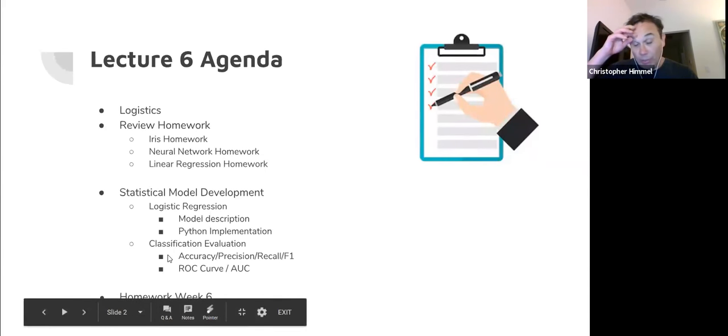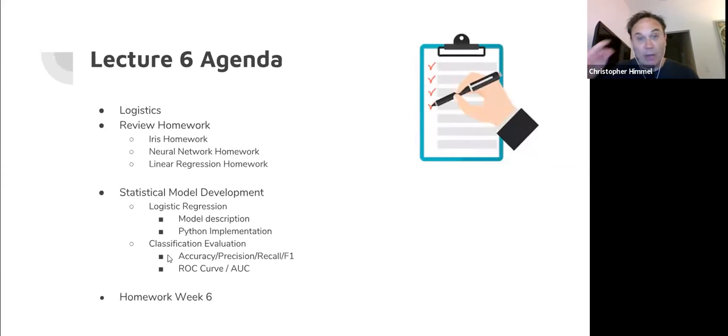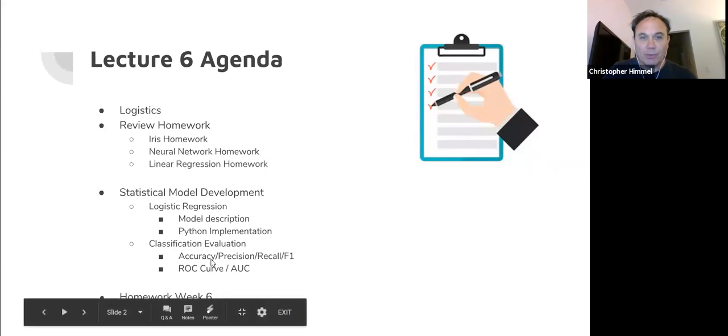Then we're going to go into the evaluation of classification models. How do we tell whether we did a good job, whether it's a good model, which we'll talk about: accuracy, precision, recall, F1 score, and then the ROC curve and AUC, the area under that curve. Then we'll talk about the homework for tonight.